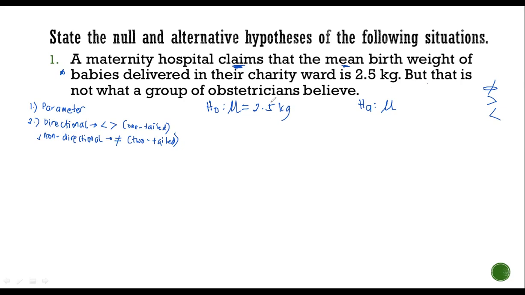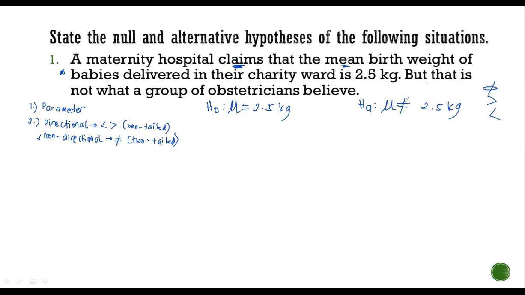Hindi naman niya sinabi na, but the group of obstetricians believe that it is lower. Or the group of obstetricians believe that it is higher. Walang sinabi. Therefore, wala siyang direction. So we have here not equal to 2.5 kilograms. Ayan. So that's number 1.